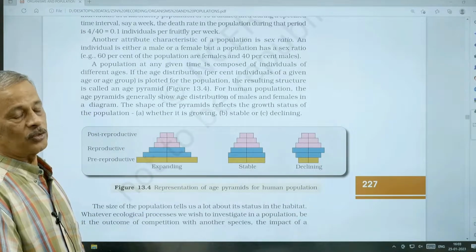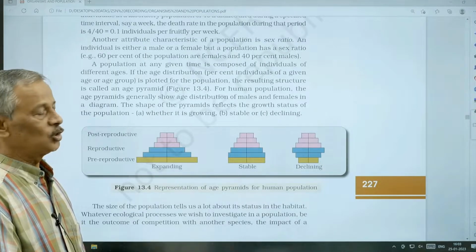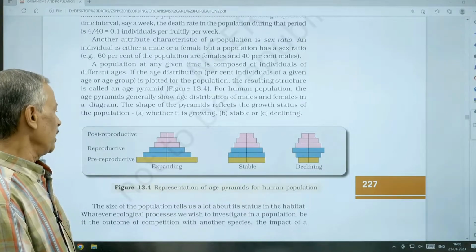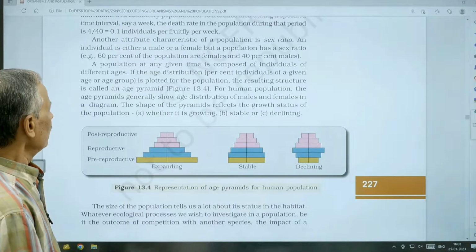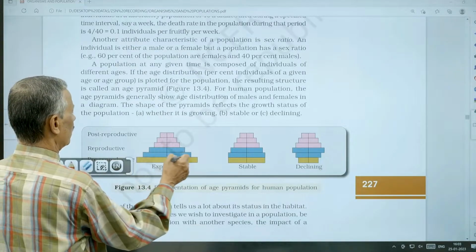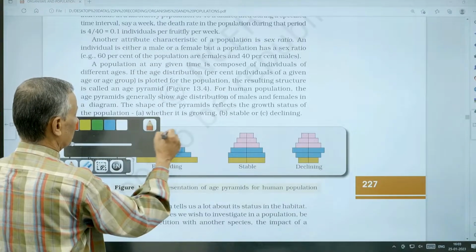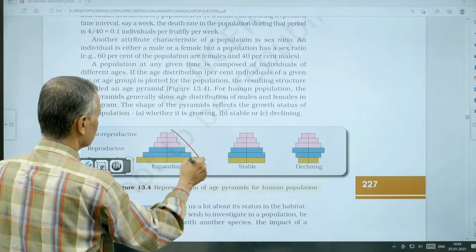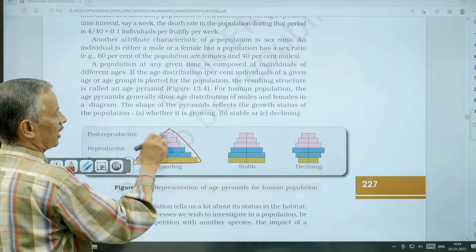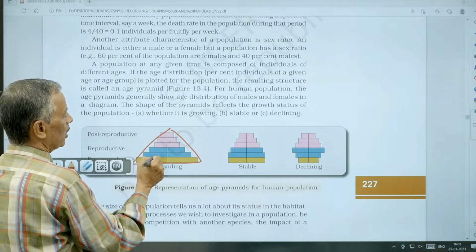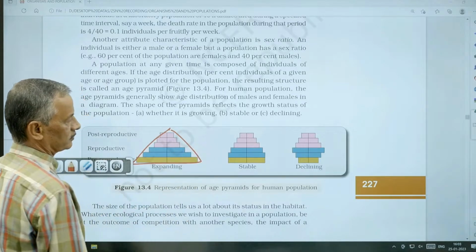And if you arrange rectangles proportionate to the number of organisms of this age group, we will get certain pyramids, which are called age pyramids. If the age pyramid is having a very broad base and a narrow apex, it is called an upright pyramid. It shows that population is expanding.